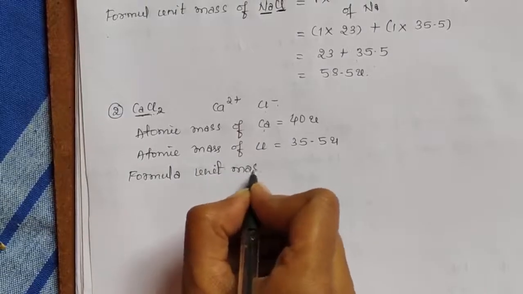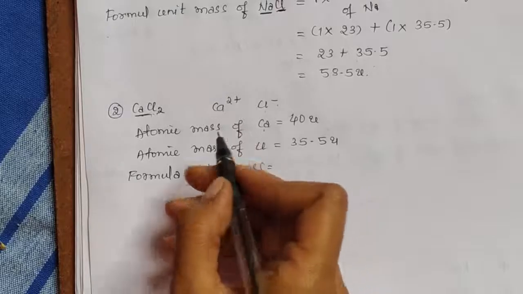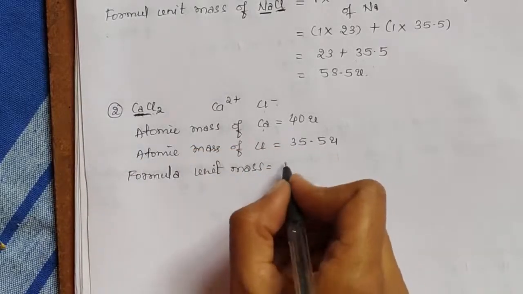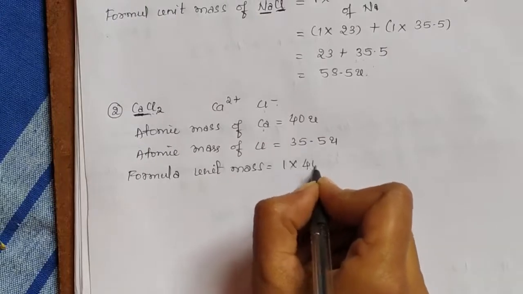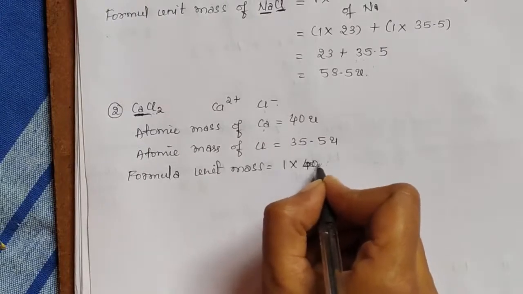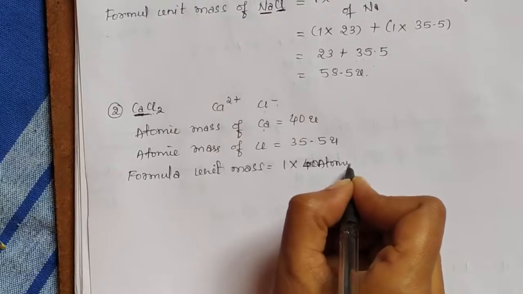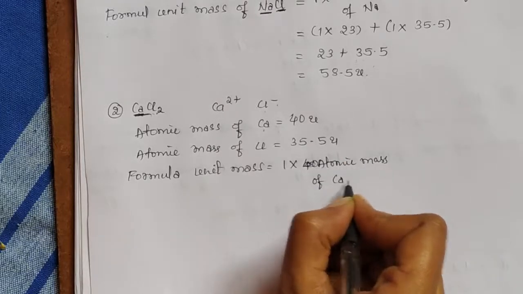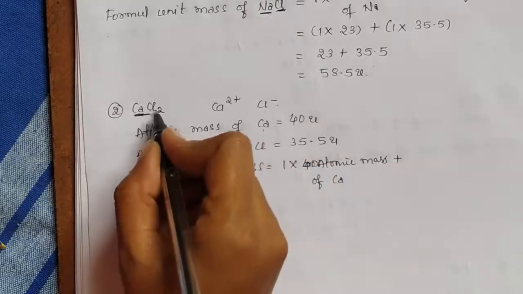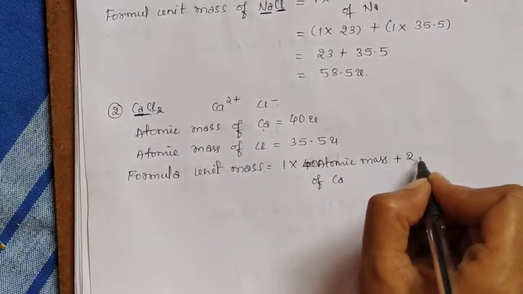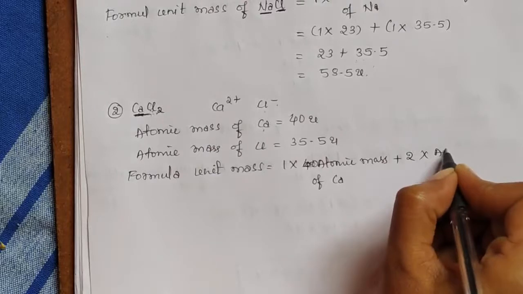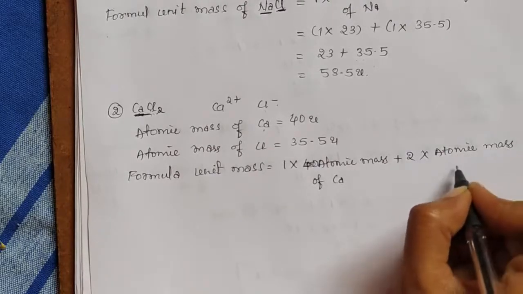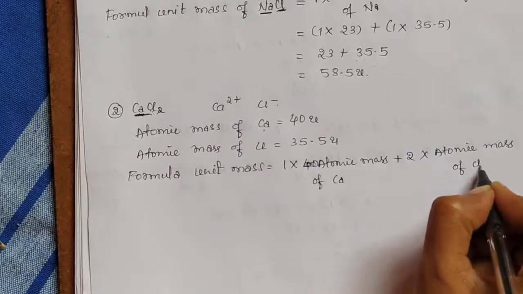So, we will calculate the formula unit mass. Count the number of calcium atoms. Only one calcium atom is there. So, 1 into atomic mass of calcium plus, here 2 chlorine atoms are there. So, 2 into atomic mass of chlorine.